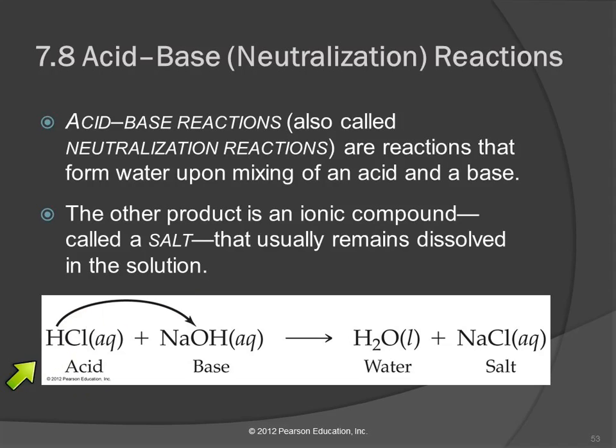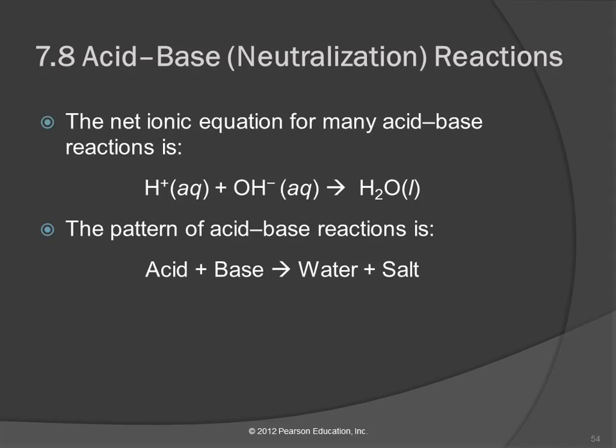So here we have an example. We have an acid and a base, and we're going to have water form as one of the products, and the other product is salt. Not necessarily table salt. Here it is, table salt, sodium chloride, but any ionic compound is called salt. The net ionic equation for most acid-base reactions is the same.